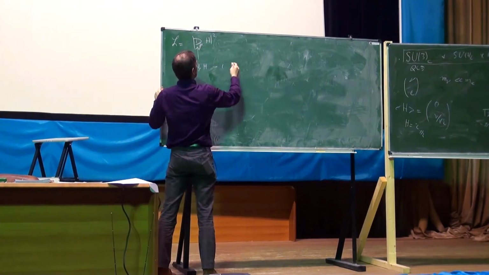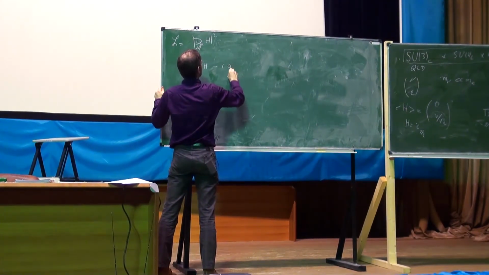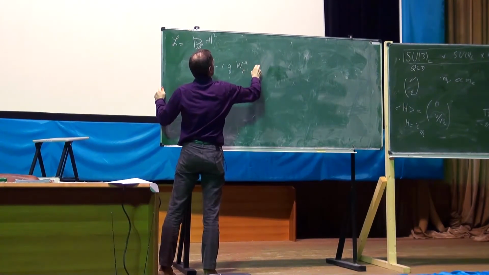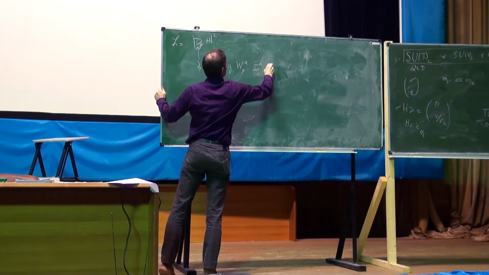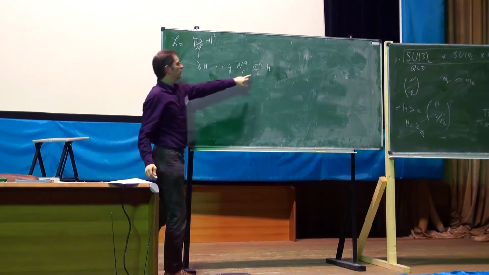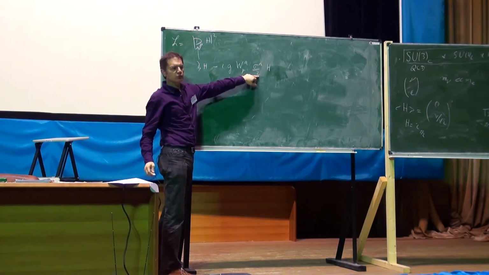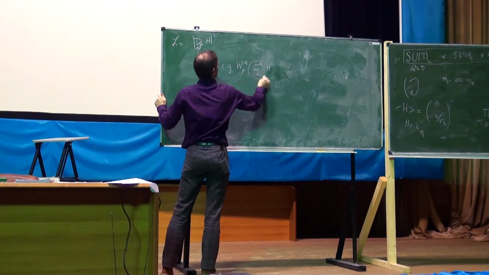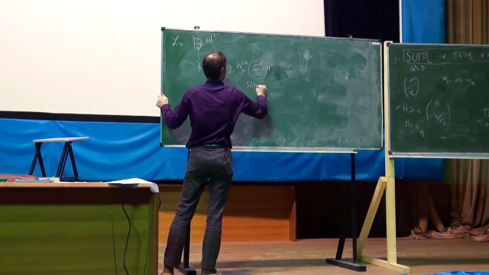So it's i g W mu a sigma a over 2 times H. These are simply the generators of SU(2), the Pauli matrices, right?